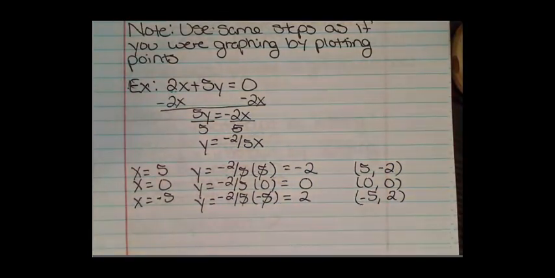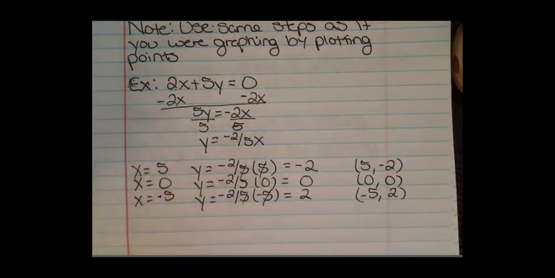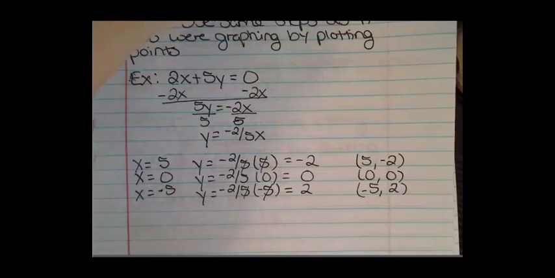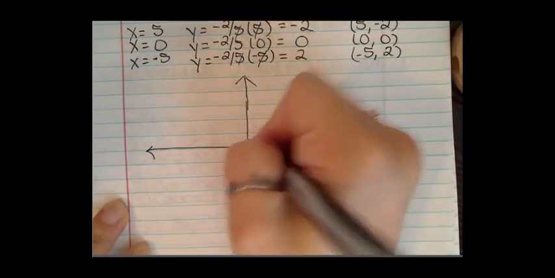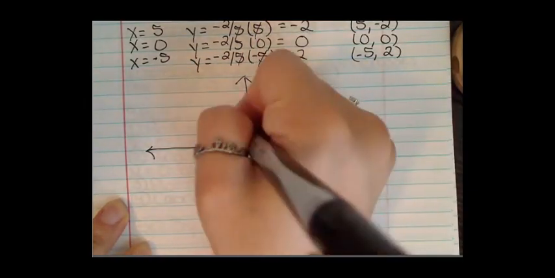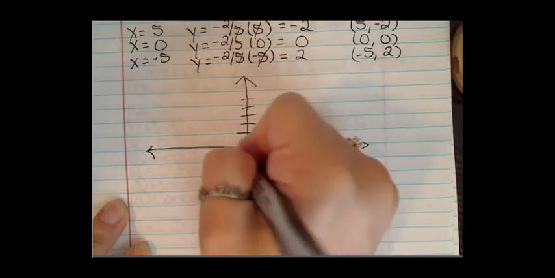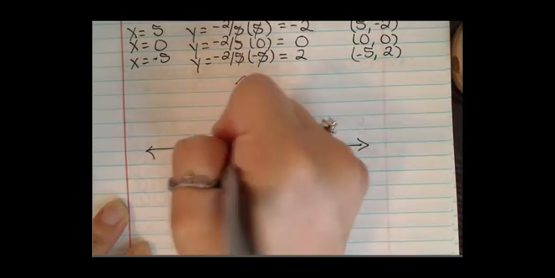So now I have my 3 points, and I can make my graph to plot them on. If you're using graph paper, it'll actually look nice for you.